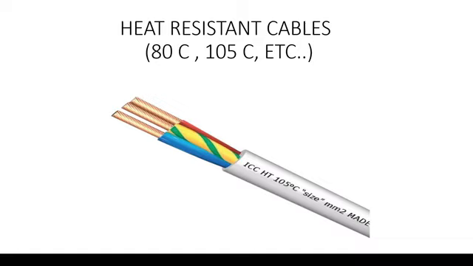So these cables are made to withstand this increased temperature. We have light duty and heavy duty heat resistant cables, depending on the application. Usually the temperature rating is 80 degrees or 105 degrees, depending on the project specification and the requirement in that particular project.